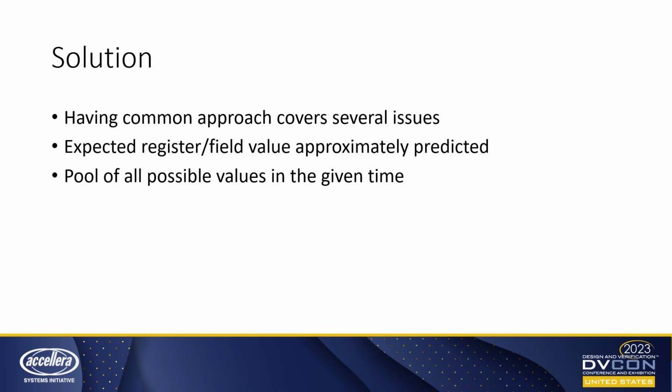The solution relies on the fact that the expected value of the register field could be only approximately predicted, and also it takes into account all possible values and their transition order in given time, as it could be of great importance.